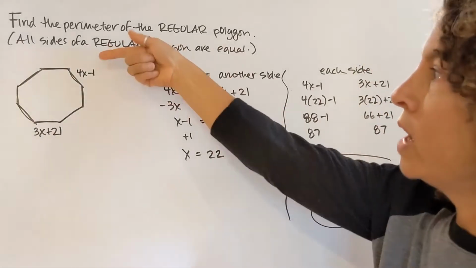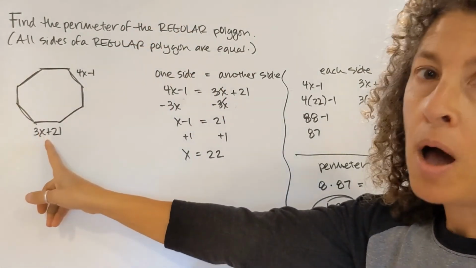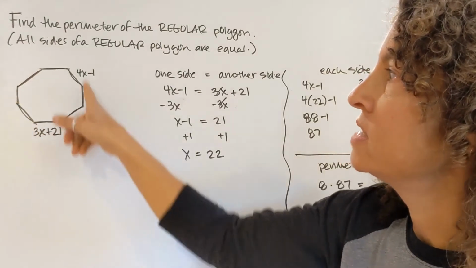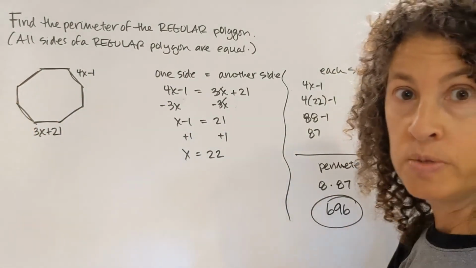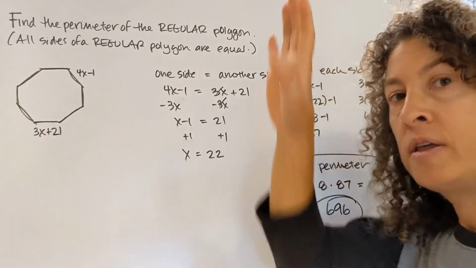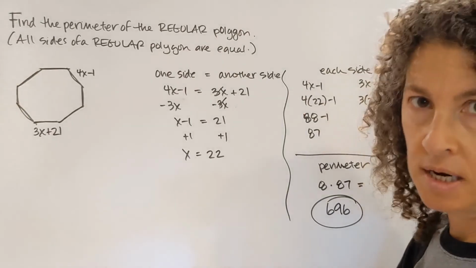So now I know that this side in the upper right is 87, and this side at the bottom is 87. And I know I have 1, 2, 3, 4, 5, 6, so 8 sides altogether on this polygon. So I'm going to do 8 times 87 to find the entire perimeter, which gives me 696.